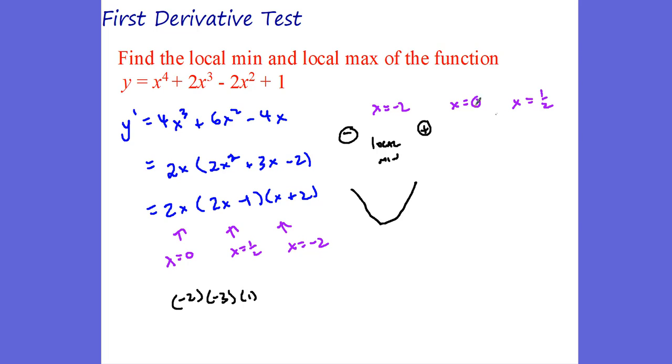Let's plug in a value like positive 1/4. We have 2 times 1/4 times 2 times 1/4 minus 1, times 2.25.